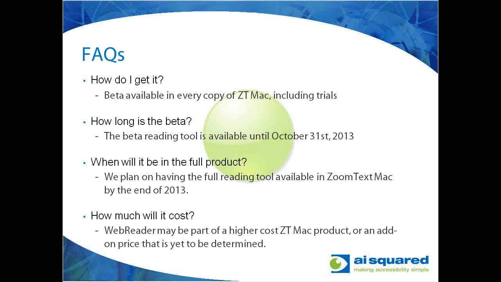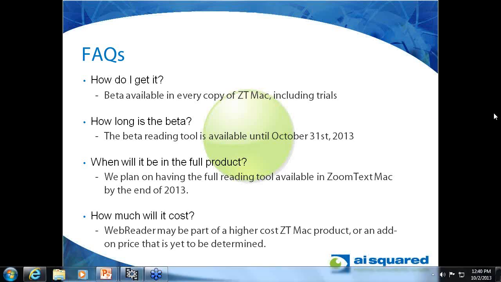So we're taking this time and providing this tool to everyone for free. It may be part of a higher cost product on the Mac, or it might be an add-on price for any existing users. So right now we don't have any estimate as to what that will be, so we're relying on everyone's feedback on this tool in the next month to help us make that determination.